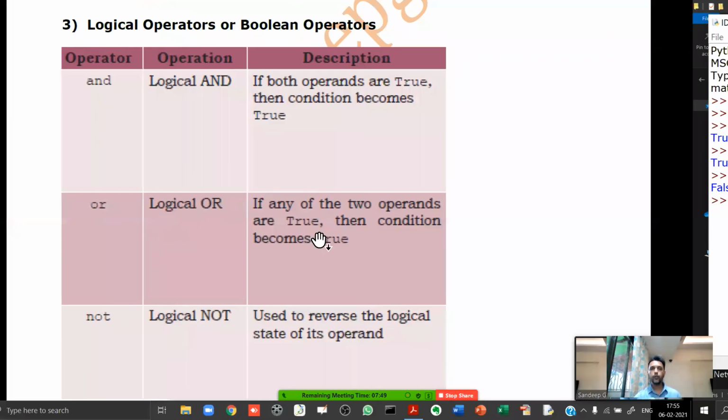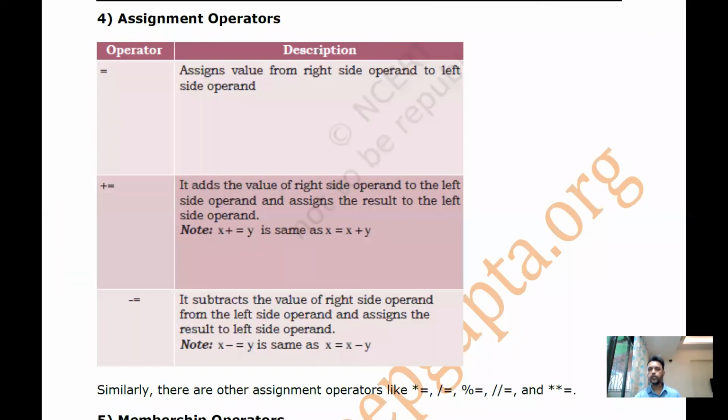Now, after that, let's go back to our printed notes. In the printed notes, you have this table of assignment operators in front of you. As far as assignment operators are concerned, you have a normal assignment operator, which is equal to, you know what it will do.